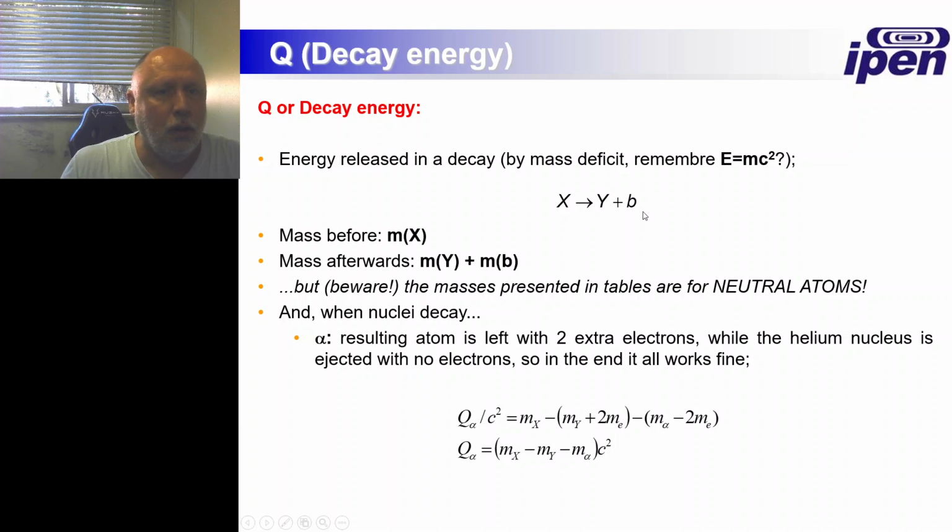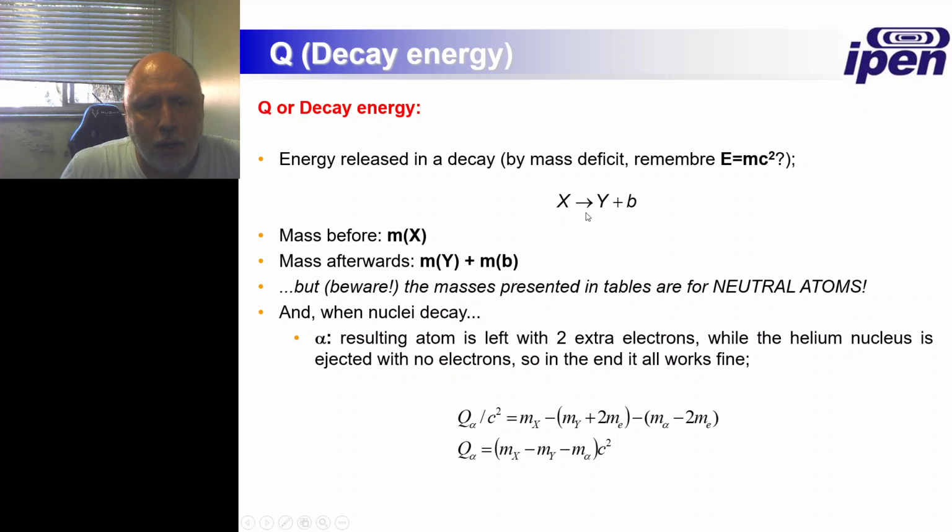The mass before you only had this X, or in the case of electron capture, there's the electron here too. And what you have afterwards, you have to remember to add up everything. You have Y, the new nucleus, and the particle that was emitted, be it an alpha, beta minus, or beta plus. Okay, so mass before was this one.